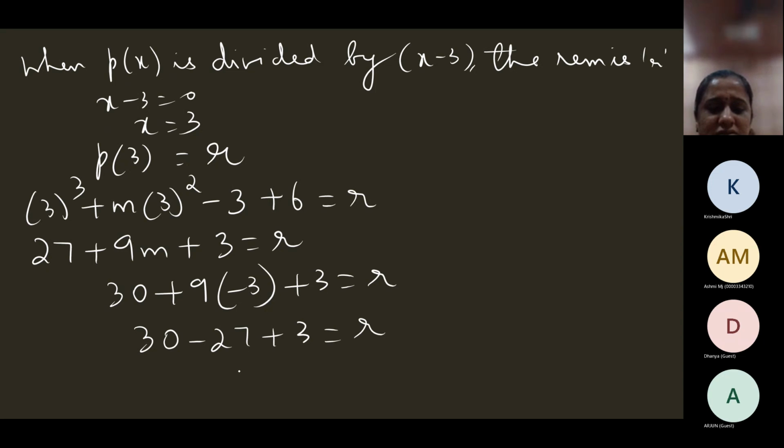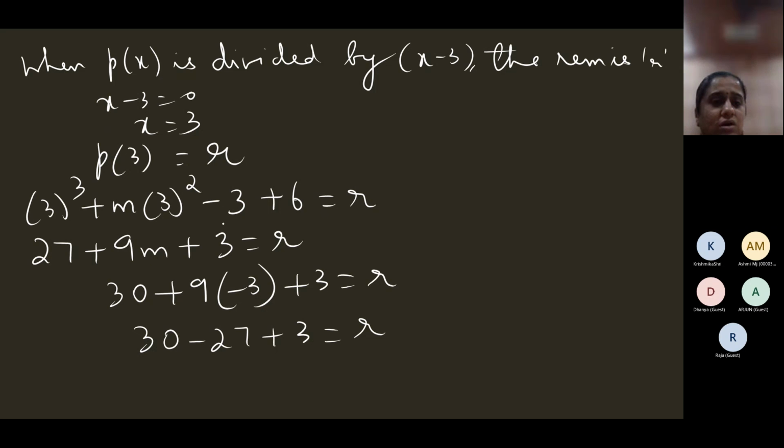Arjun, I'm getting a different answer. r is equal to 6. I'm getting, have I gone wrong somewhere? 27, let me check. 27, 9 into m minus 3 plus 6. I'm right, no, children?